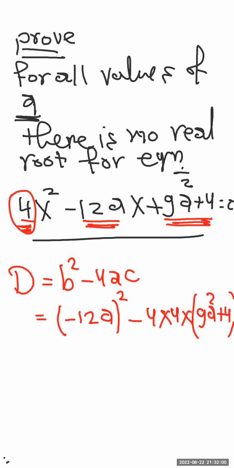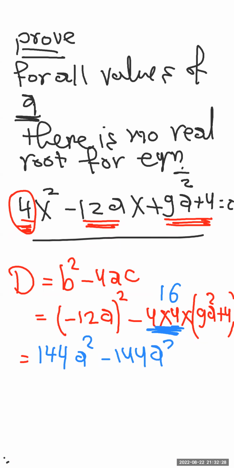Correct, guys? Correct. Okay. The first term to the power 2: 12 squared is 144a squared, minus 4 times 4, that's 16, times 9a squared, 16 times 9, it will equal 144a squared, minus, because we will multiply it by the second term also, 16 times 4, 64.